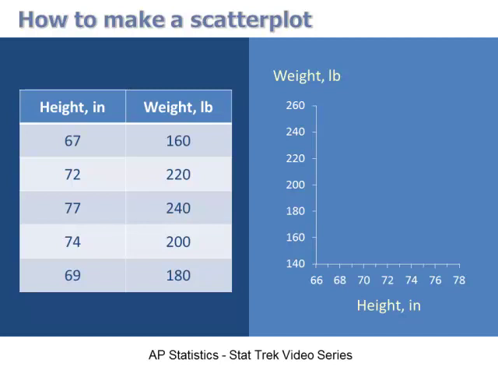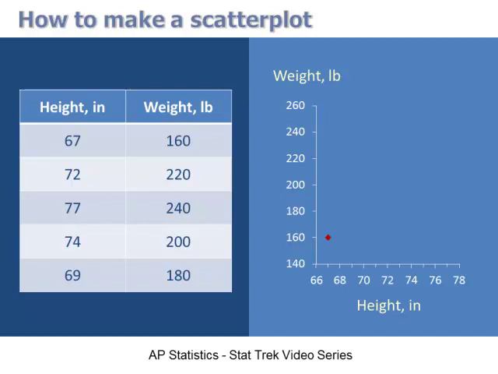The first dot, for example, represents the first player. From the scale on the x-axis, you see that this player is 67 inches tall. And from the scale on the y-axis, you see that he or she weighs 160 pounds.